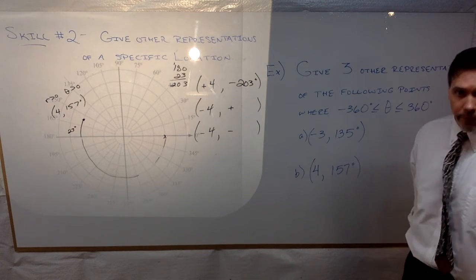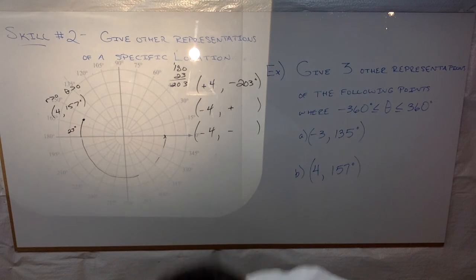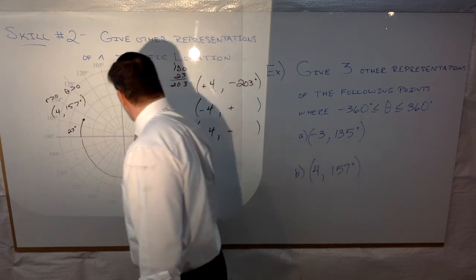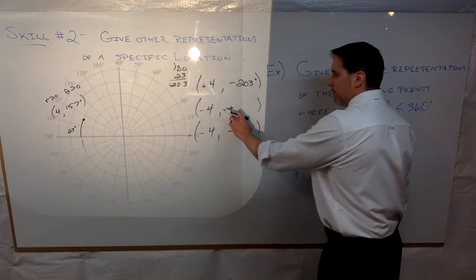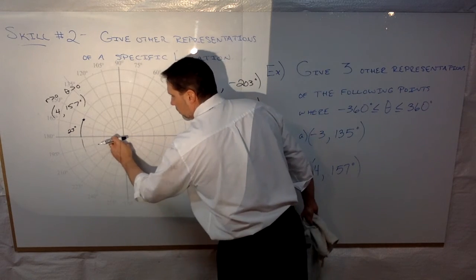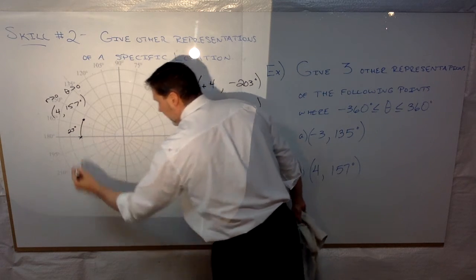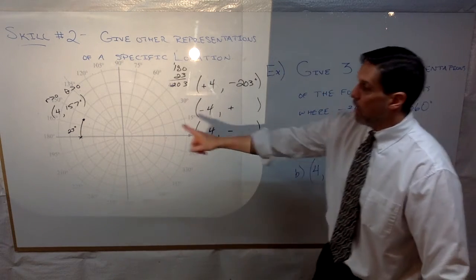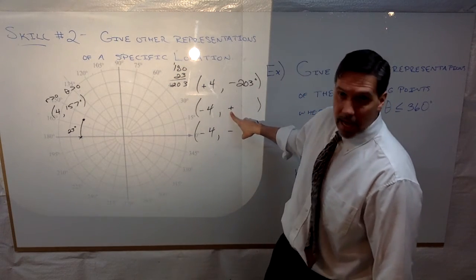So (4, -203°). Okay, well, let's try negative 4. So what if our r is negative 4, and I have to go counterclockwise? 1, 2, 3, 4. Now I have to go counterclockwise. Counterclockwise would be this way, because I'm calling it positive.